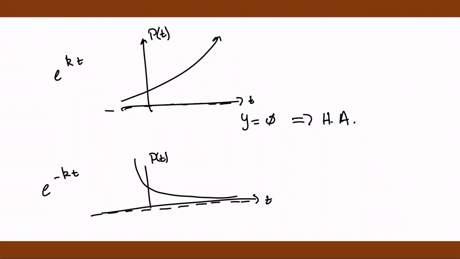And if there's a shift, then the horizontal asymptote just moves up or down. So for example, if I had e to the kt plus 1, then the horizontal asymptote would be y equals 1 for this function here. We're just shifting it up from the parent function, and we're going to talk about that pretty soon here. Translations and shifts, that's the next video or two coming up in this playlist.